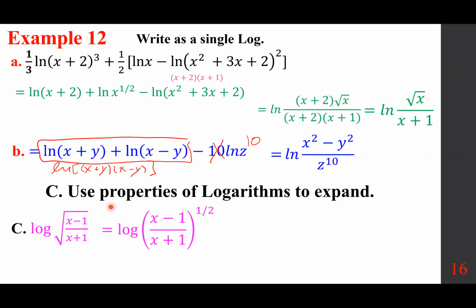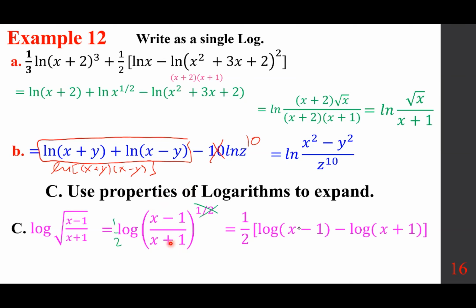The next step is to put the 1/2 in front as a coefficient. So it's half of log of (x minus 1) over (x plus 1). And as you know, this is log of x minus 1 minus log of x plus 1. There is a 1/2 in front, so 1/2 doesn't go away. This becomes log of the top minus log of the bottom. The 1/2 doesn't go away.